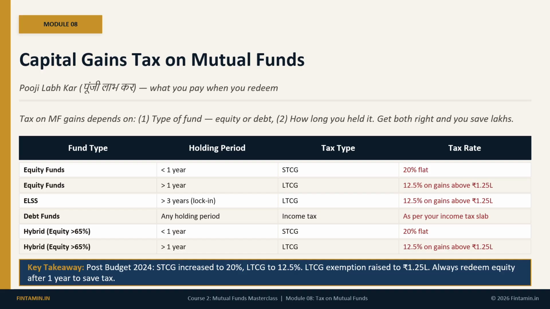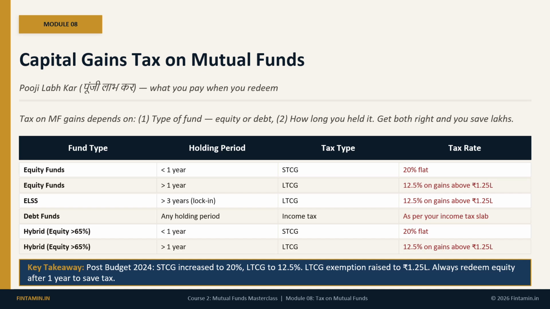For debt funds, regardless of how long you hold, gains are added to your income and taxed at your applicable income tax slab rate. This changed after Budget 2023. Debt funds no longer get indexation benefit. ELSS funds.